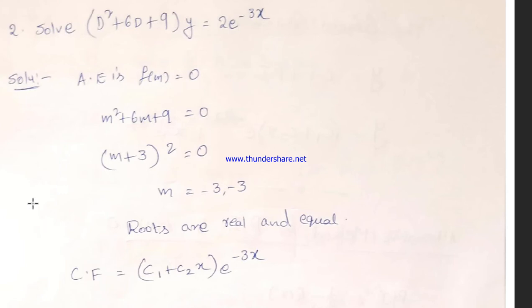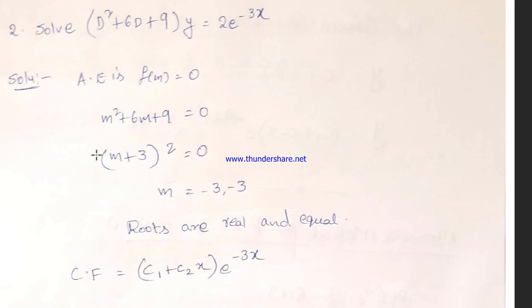Second example is solve D square plus 6D plus 9 into y is equal to 2 e power minus 3x. So first you have to write the auxiliary equation. Auxiliary equation is f of m is equal to 0, that is m square plus 6m plus 9 equal to 0.